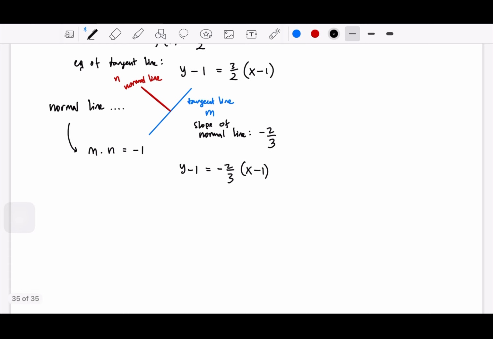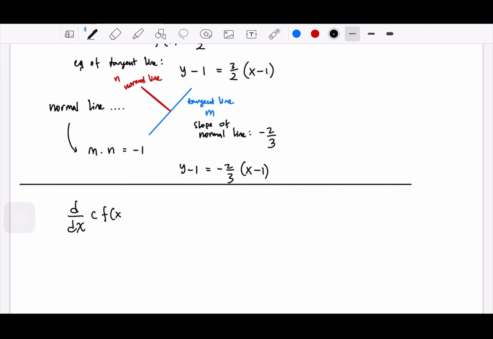Another rule that we will have is that if you have a constant and a function, and we differentiate all of it, then we can factor out the constant and just differentiate the function itself.